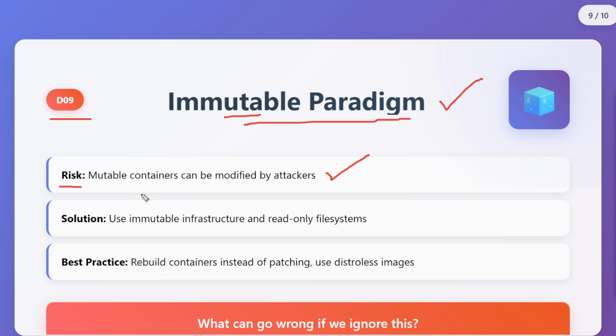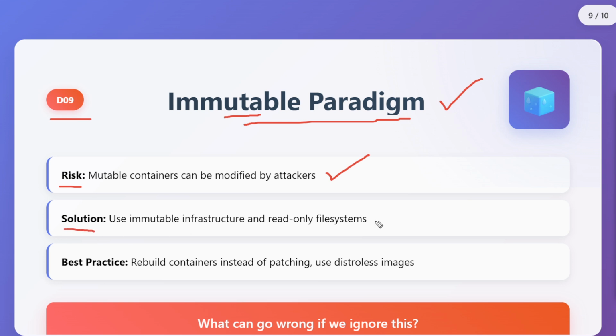If containers allow changes at runtime, like writing to the file system or installing some packages, they obviously become vulnerable. So an attacker can inject malicious code or tamper with the environment at runtime. That is the associated risk here.